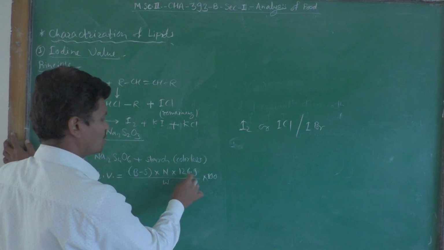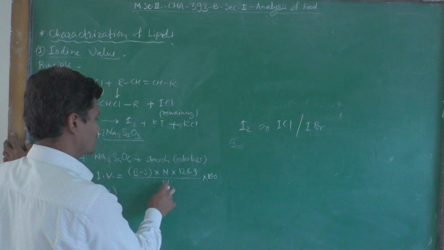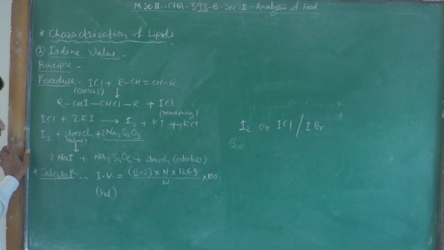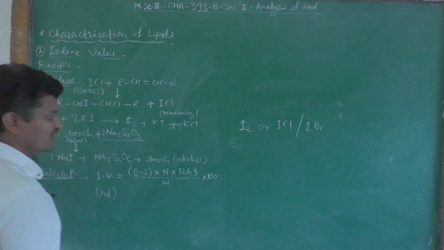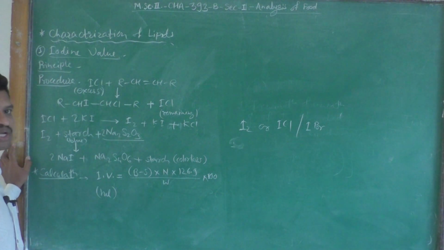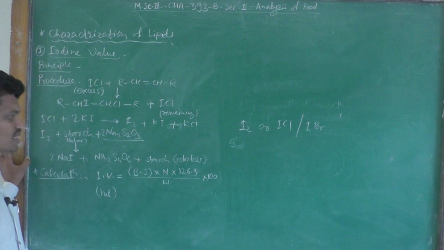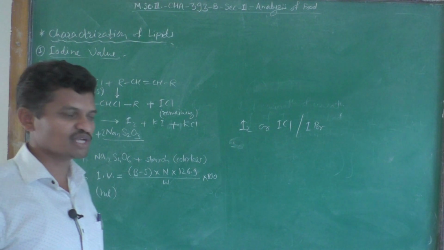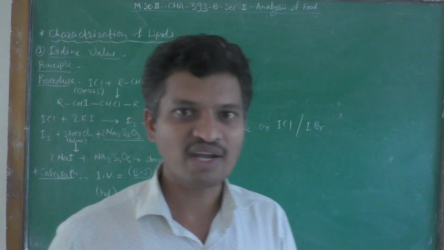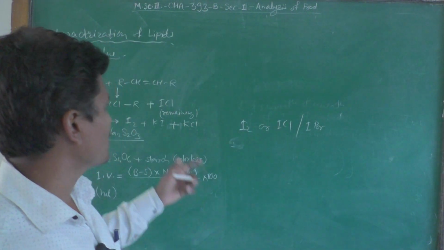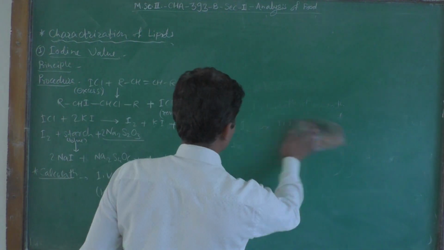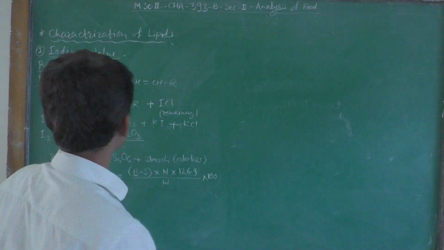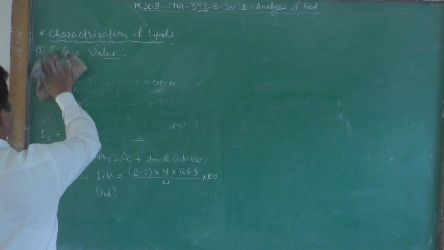W is the weight of the sample, and into 100, so we are converting the iodine value into a percentage. So this is the method for the determination of the iodine value of a food sample which is present in a fat or lipid. Now the next value is saponification value.